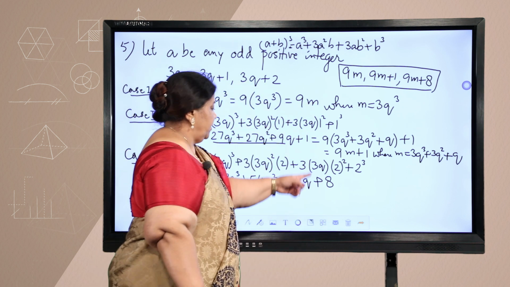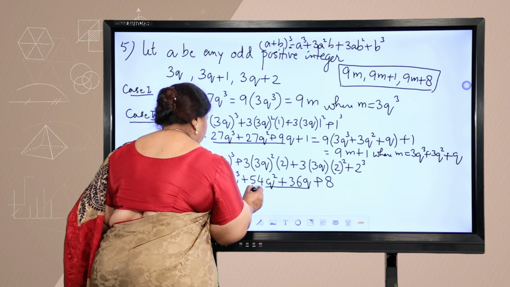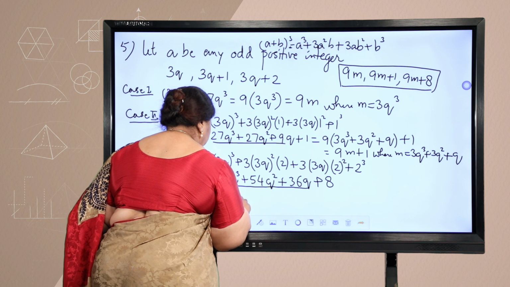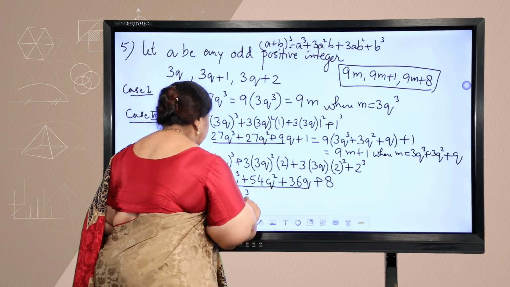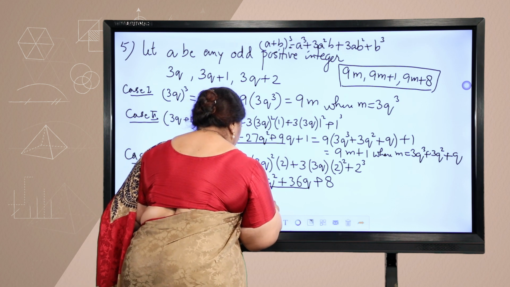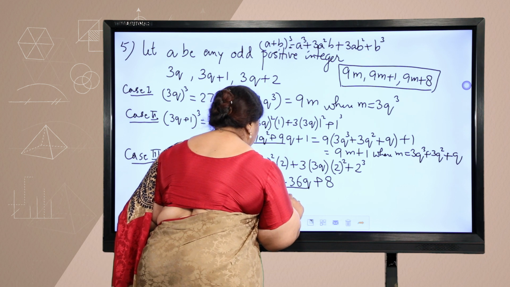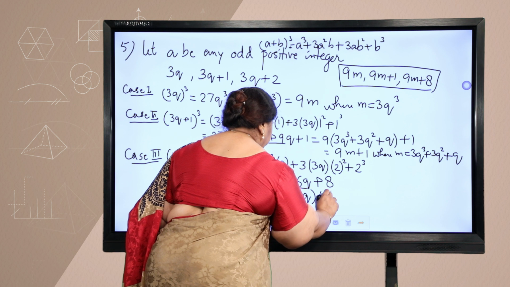Yes, 8 is coming. We have common 9 in these terms. So, I have 9, 3s are 27. So, it gives me 9 common 3q cube plus 9 6s are 54, so 6q square plus 9 4s are 36, plus 8.